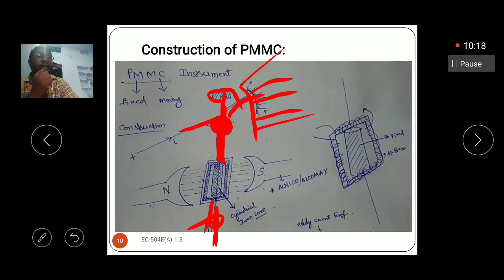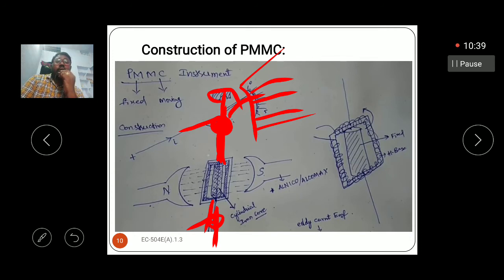In this particular PMMC construction, I am using one magnet. In between the magnet we are connected the coil. The coil is held with the aluminum base.